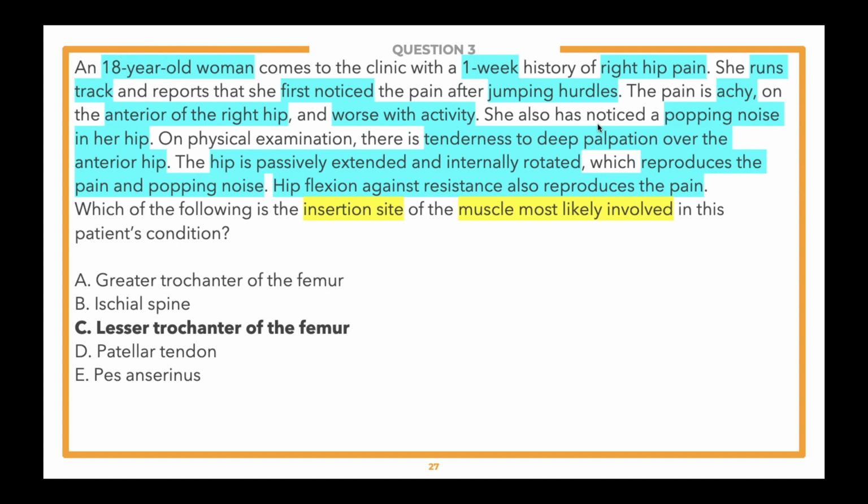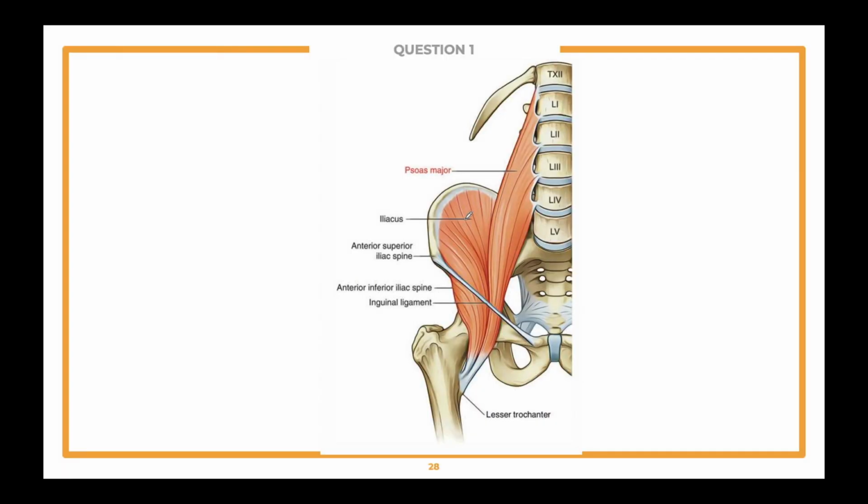If we take a look at the next slide, this is a nice anatomical diagram of that iliopsoas muscle. And you can see how it attaches to the lesser trochanter, okay? Now you can also see, just based on where that muscle is attached, how if it were to pull, it would cause a little internal rotation, and a little bit of extension, okay?